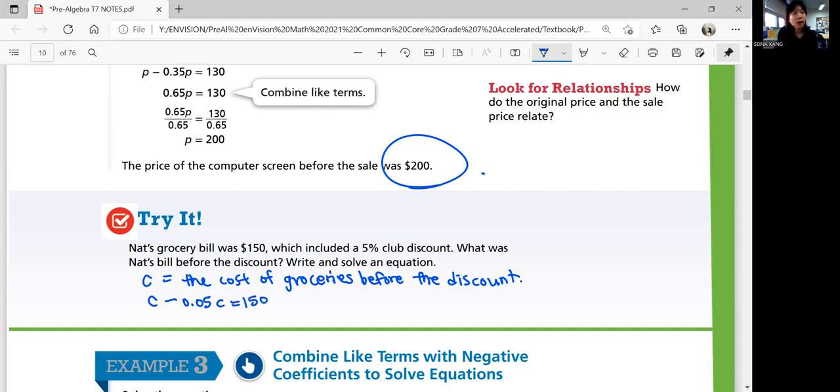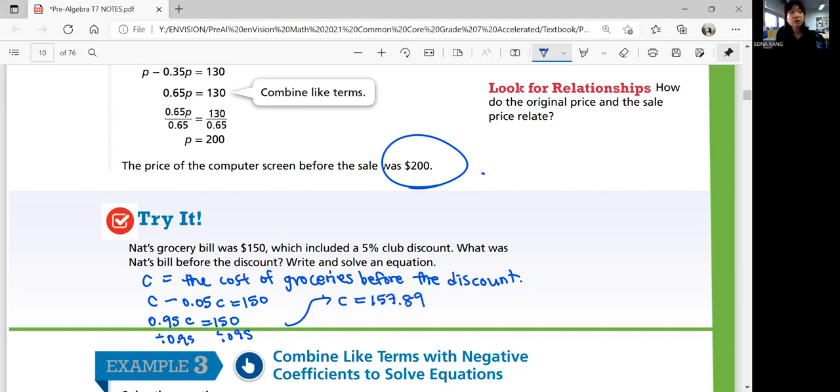And solving for that, you can say 0.95 times C is 150. Only 95% of the original cost is paid, which is 150. So divide both sides by 0.95 and you get C is equal to 150 divided by 0.95 is 157.89.